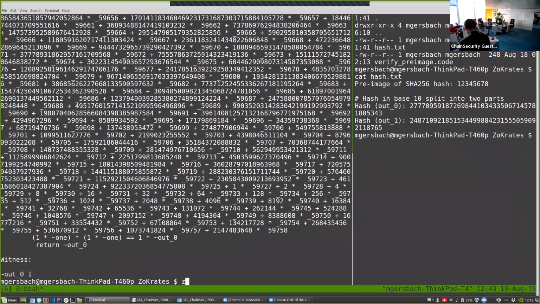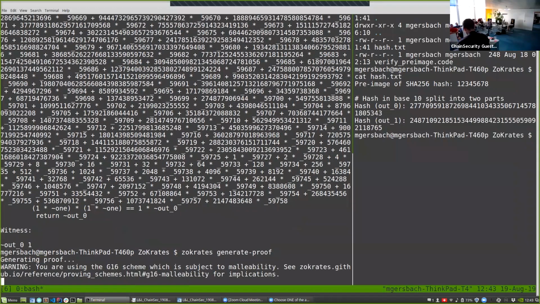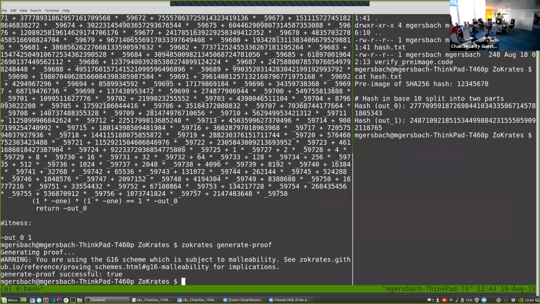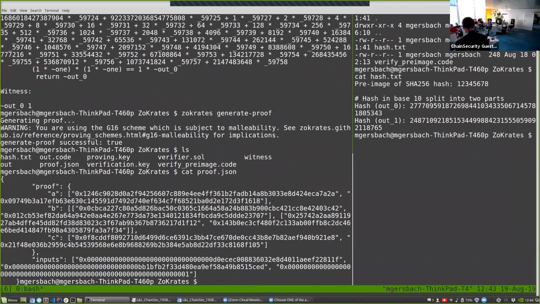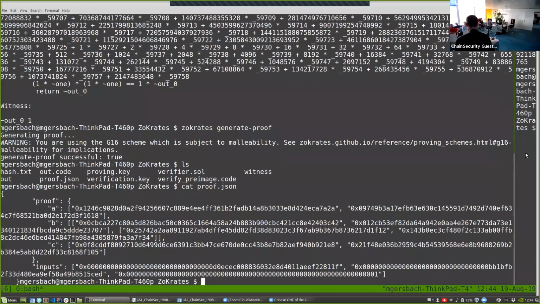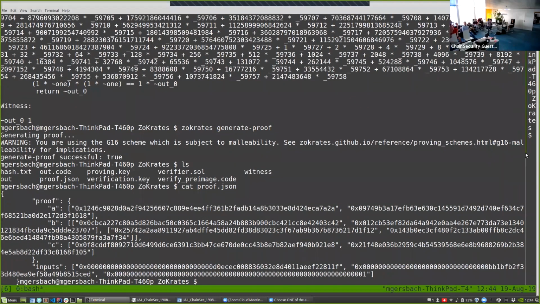And then as a last step, we can generate a proof. And this will output us here a JSON. It's a bit tough to see now because it's scaled up, but essentially this is a JSON containing the proof and the public arguments.